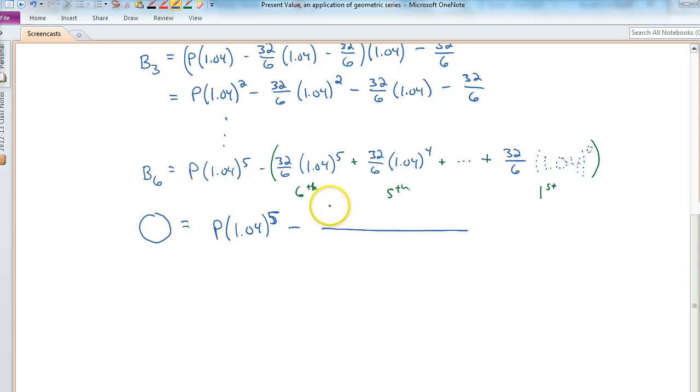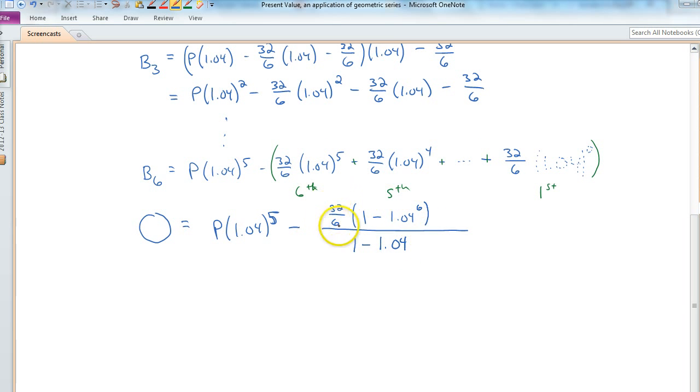First term, 32 over 6 times 1 minus the common ratio, 1.04, to the nth power, which in this case is the sixth power because there are 6 terms, all over 1 minus the common ratio, 1.04. This is the trickiest part, I think, changing this geometric series into this fraction.